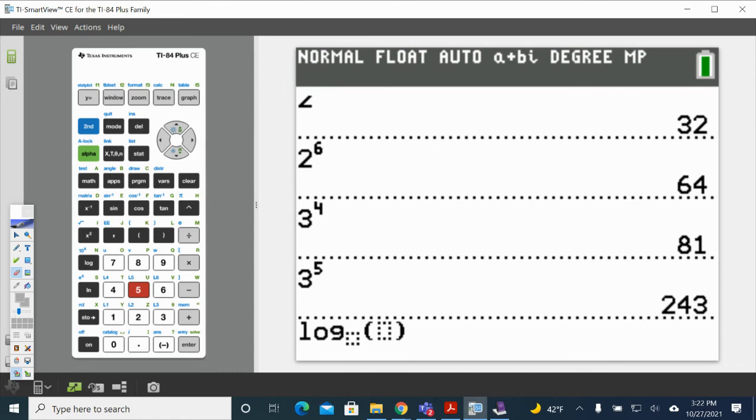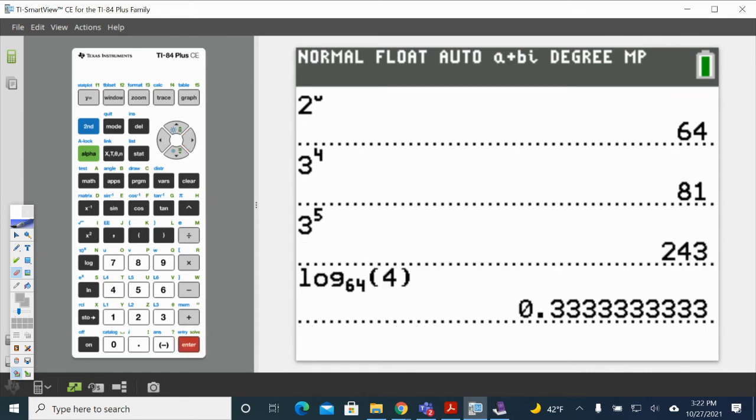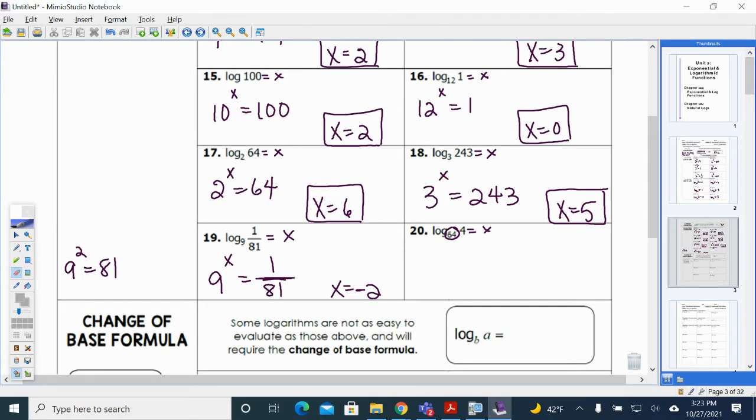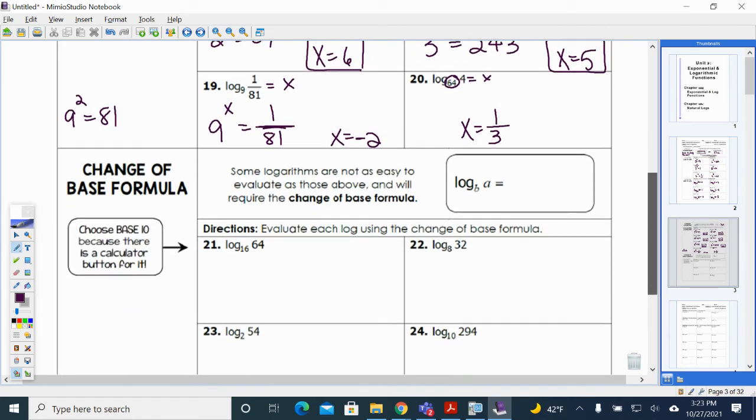What happens here is it gives you a spot to change that base. The base on this is 64, and we're taking the log of 4, and it should spit out, I don't want that decimal. I'm going to hit math, enter, enter to change it back to a fraction, which is 1/3. So x equals 1/3, which means it was the cube root of 64. The cube root of 64 is 4.